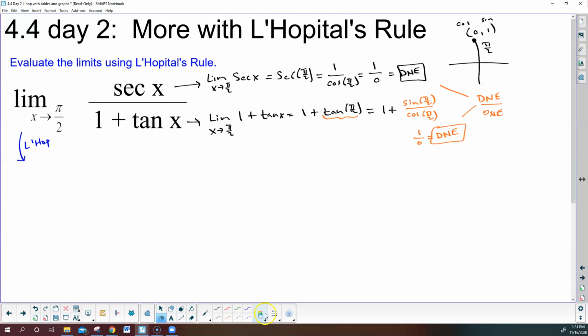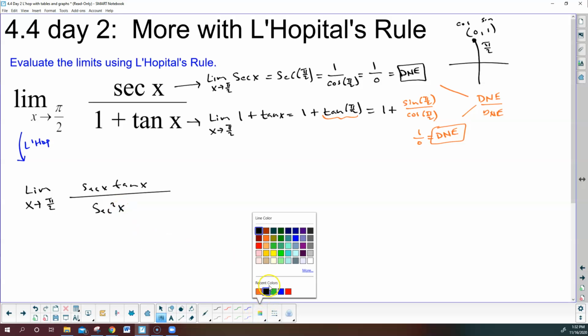Can L'Hopital's rule be applied here? And what we're going to do is try the derivative of the top. All right, the derivative of secant is secant tangent, and the derivative of 1 is 0, but the derivative of tangent is secant squared.